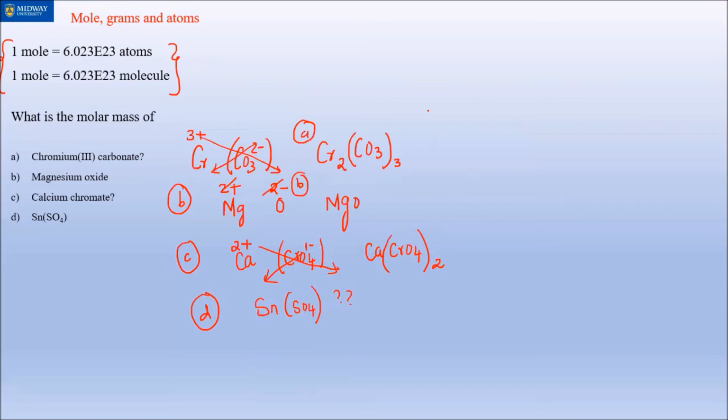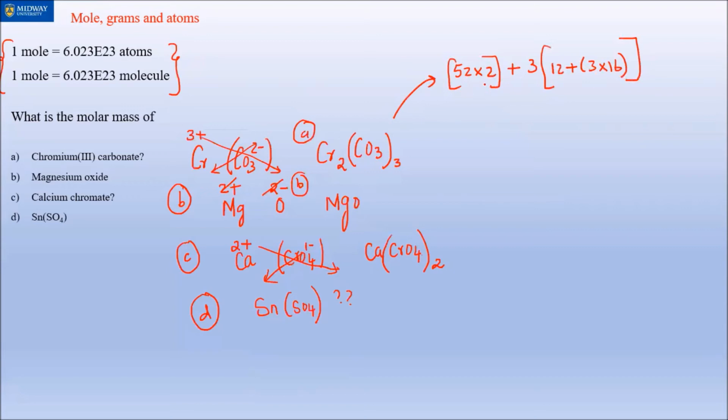Anyways, how do we go about actually calculating the molar mass? If you go to the periodic table, you see the atomic mass for chromium is 52, right? So 52 times 2, this is for chromium carbonate. I always put as many brackets as possible, plus 3 times carbon is 12, plus 3 times 16 for oxygen is the atomic mass.